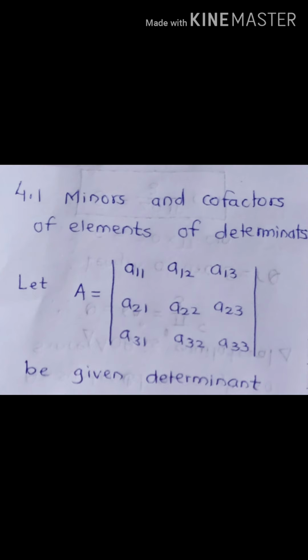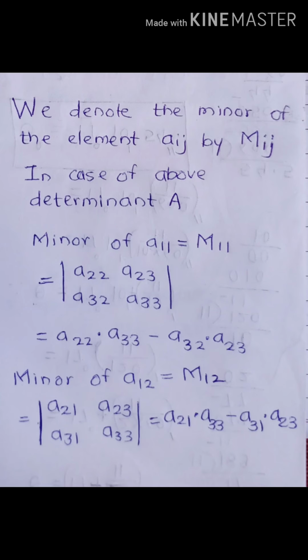The remaining determinant has first row A22, A23 and second row A32, A33. Solving for the determinant value, A22 into A33 minus A32 into A23.